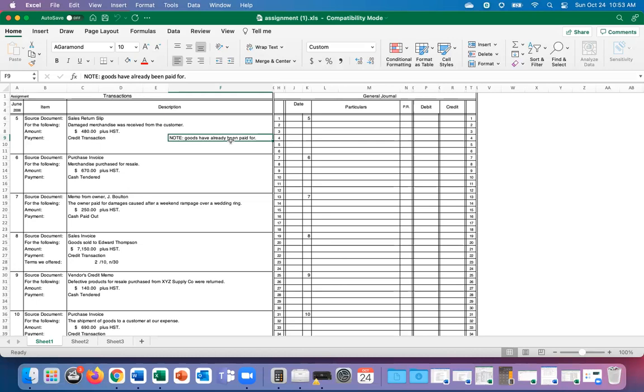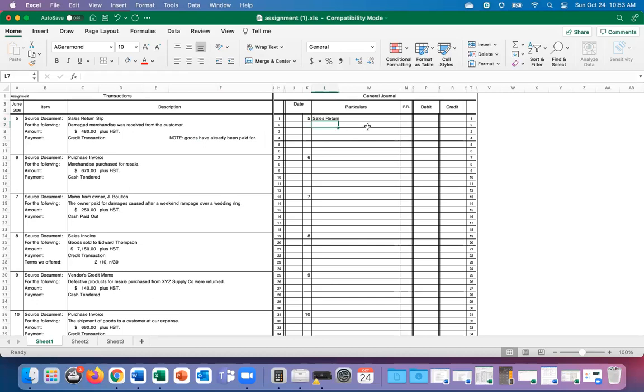And so that's one of our new accounts, or new to us as far as studying merchandise businesses. And that's the one that I'm going to give you for this transaction. So the debit for this one is going to be not sales term, sales return. So the sales return account.